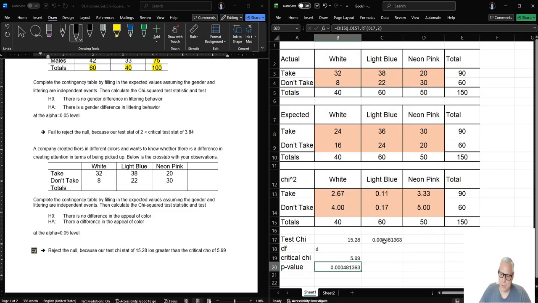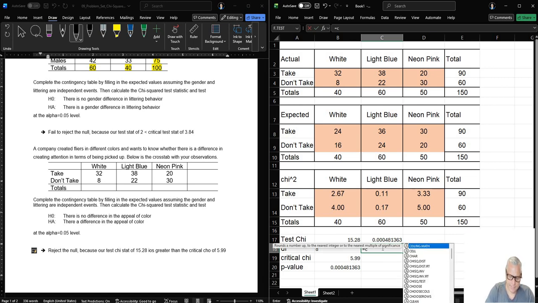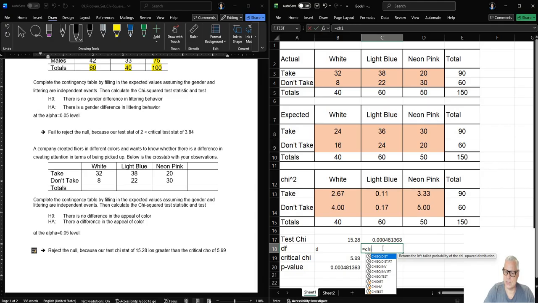If you want to know the corresponding test statistic, the 15.28, then you just can reverse engineer the p-value, and you use again the command chi-squared.